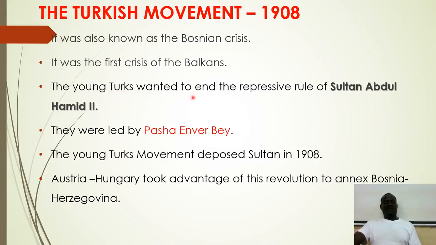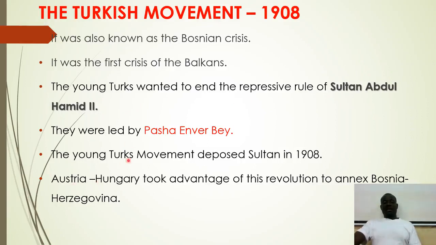It was therefore a point of no return, to say that things are really falling apart for Turkey. Therefore, Turkey is breaking up. We have said that Austria-Hungary wanted to avoid the breakup of the Turkish Empire, but here the situation is no longer reversible.